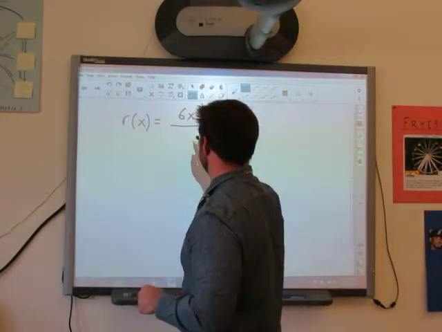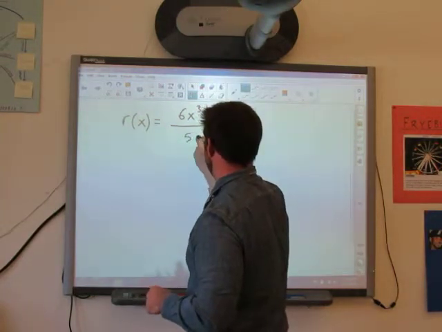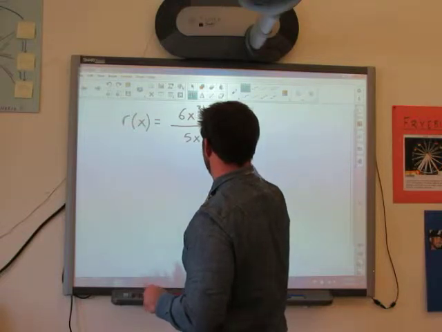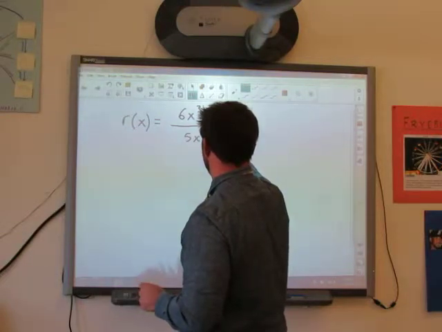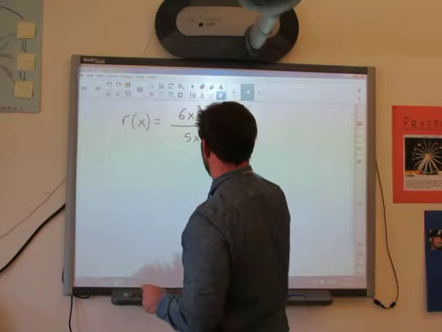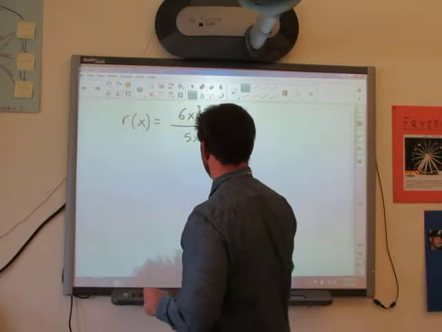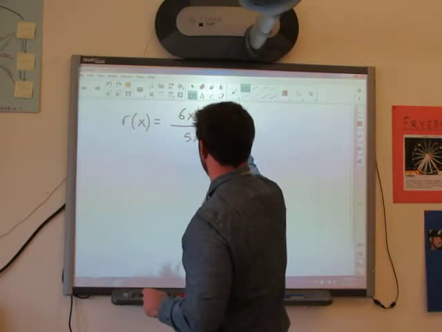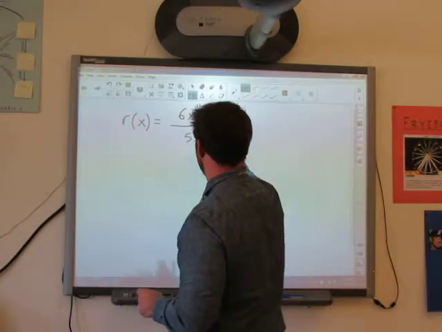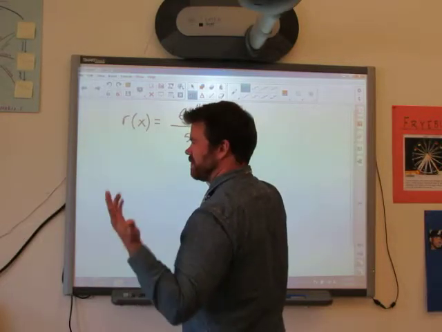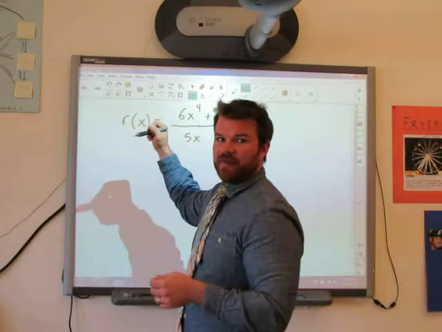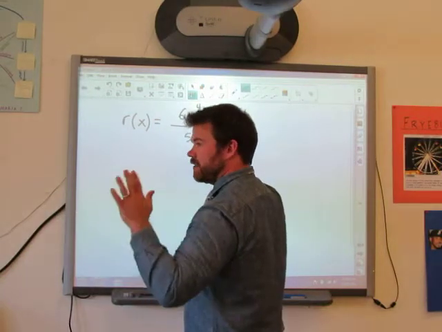Not really. What if it was like x squared plus 2x plus 1 over x squared plus 2x plus 1? Would that be 1 over 1? It is one. I mean, technically it could be a rational function, but usually the denominator cannot be a constant.